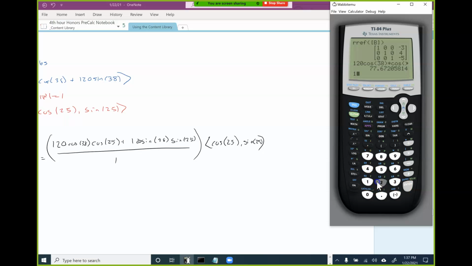And then the same thing with sines, 38, sine 25, sine 25.